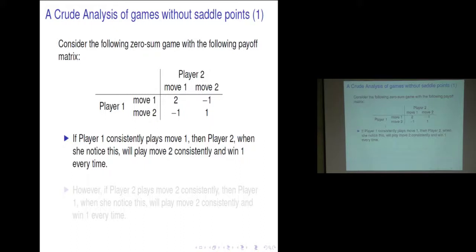Now player 2 is clever and notices this. She will consistently play move 2, because when she plays move 2, player 1 gets -1, so player 2 wins 1 every time.